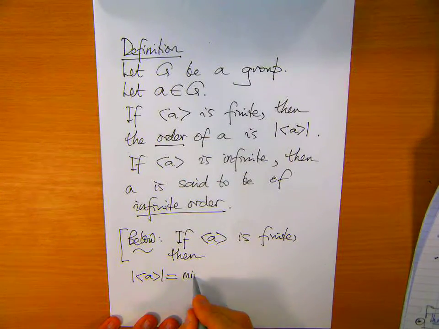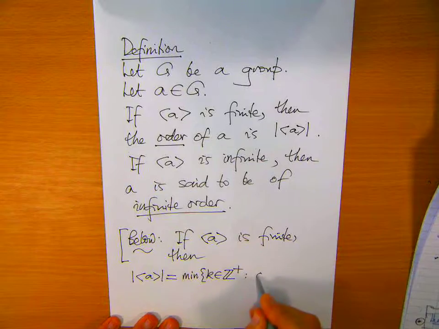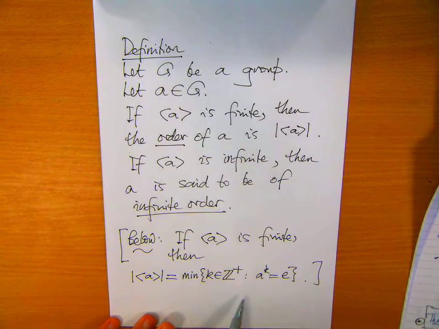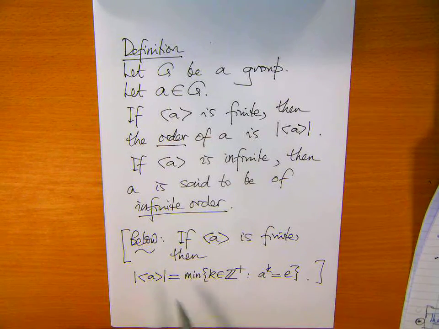So it's the smallest positive power such that if I look at A to the K, so I'll say this again. The order of A, which is the order of this subgroup, is the smallest positive integer k such that A to the K is the identity.